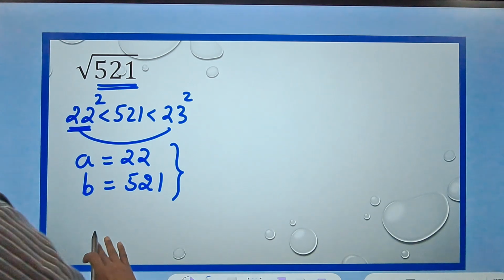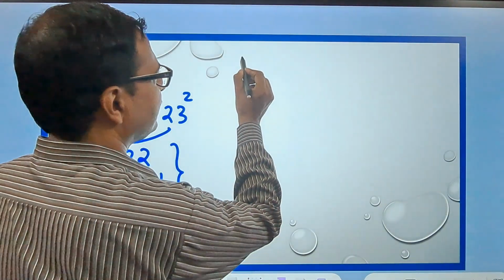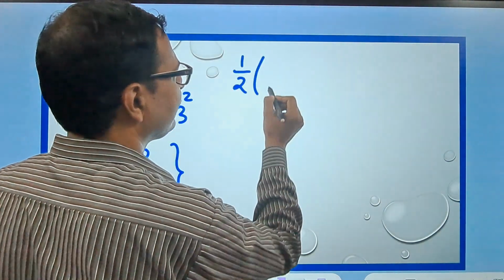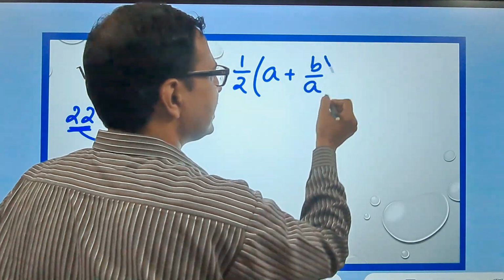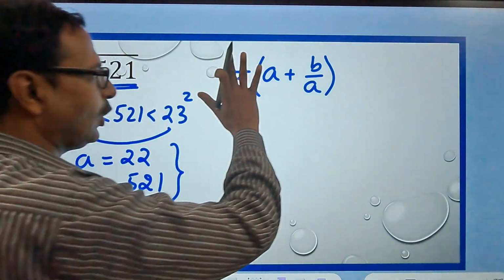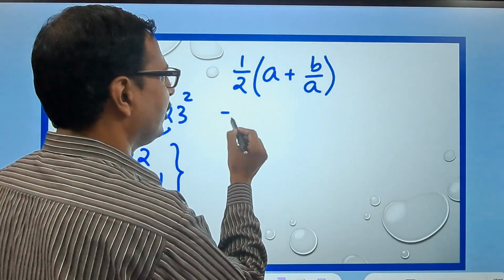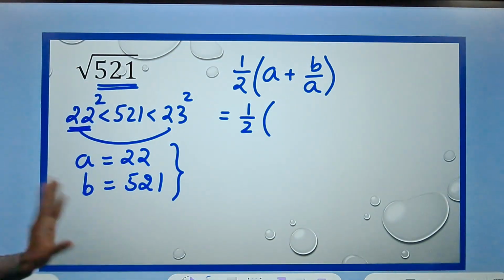The number after the decimal can be found out very easily if you can find out this factor, half of (A plus B upon A). So let's try and find out whether the square root of 521 will be obtained by finding half of (A plus B upon A). A in this case is 22 and B is 521.